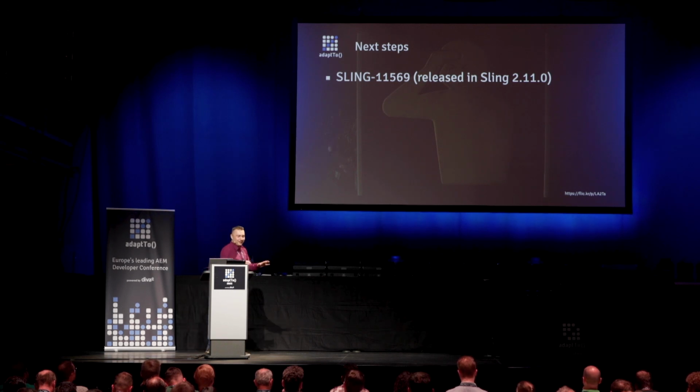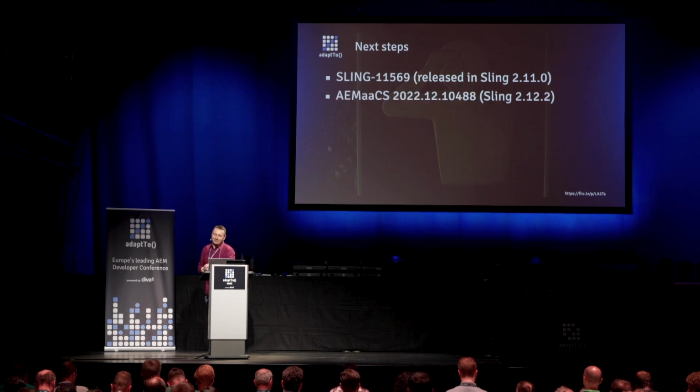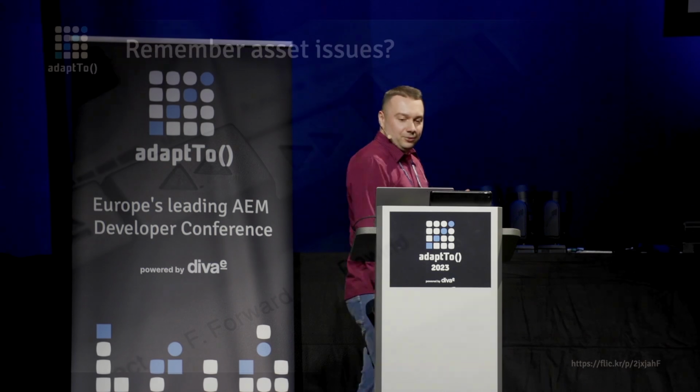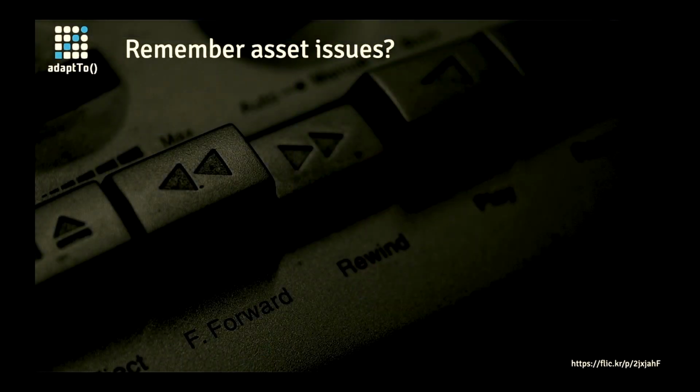But we have a number of Sling experts here, so if you're interested, feel free to reach out to them. So that got released in Sling 2.11, and we, of course, had to wait for a corresponding AEM release to incorporate that into our application. And that happened, so we upgraded, and the issue was gone. At least that's what we hoped for.